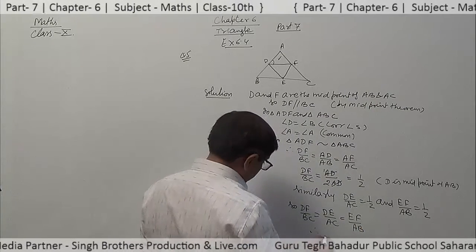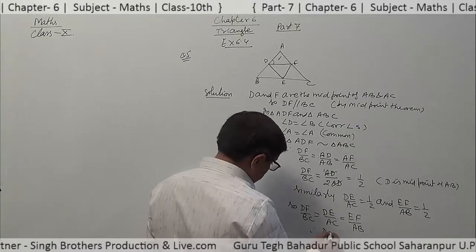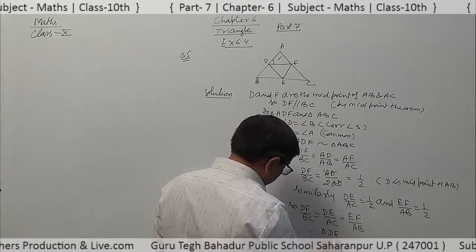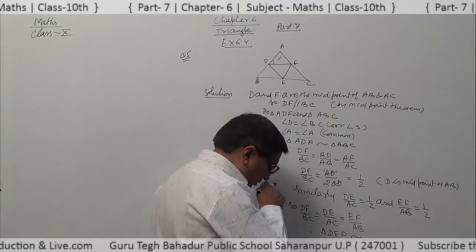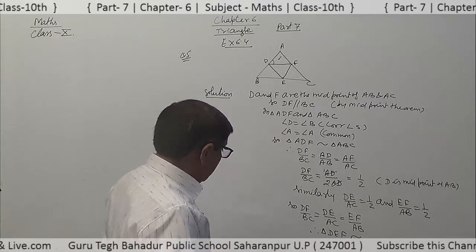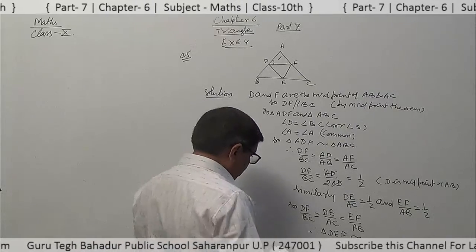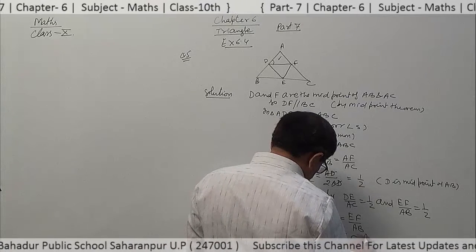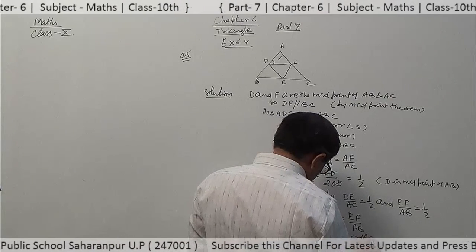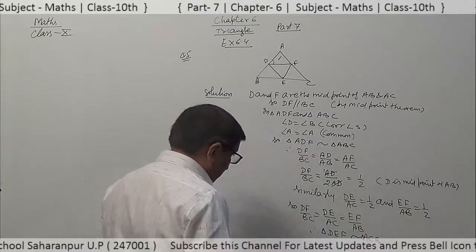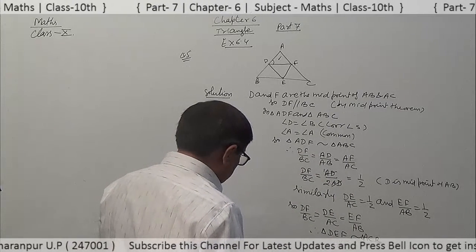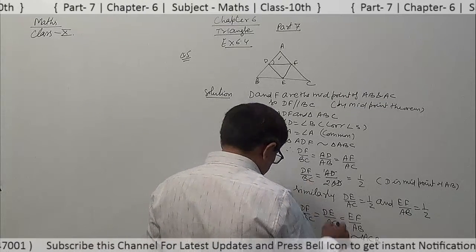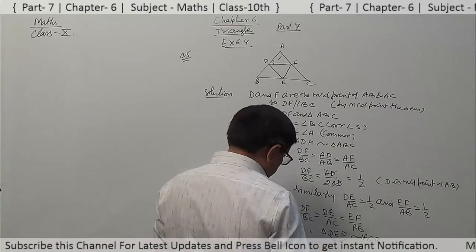Therefore, triangle DEF is similar to triangle CAB.